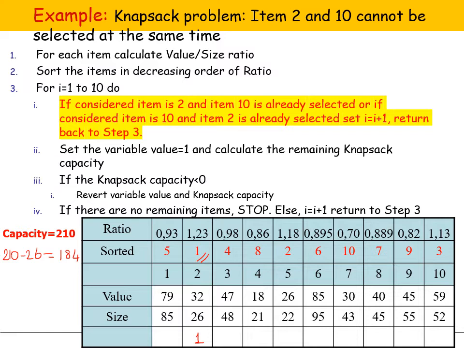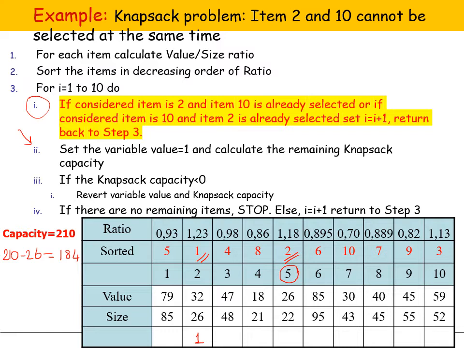So we return back to the beginning of step 3 to increase I to 2. It means that we are selecting the next item. Okay, this is item number 5. Look, item number 5 means that it is not item 2 or 10. So we don't control this step here, and we move directly to here.